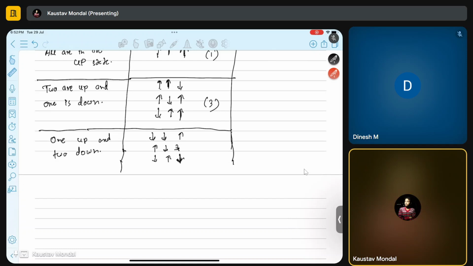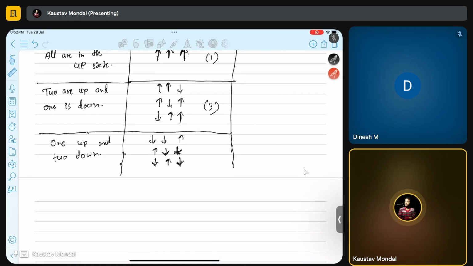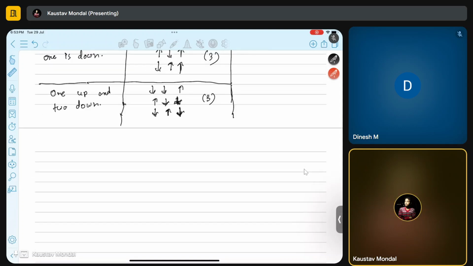Basically it is the inverse of the microstates of the previous case. Two are down, one is up, so these are also three configurations. And the last one, the opposite of the first, is all three down: down, down, down. This will be one case.